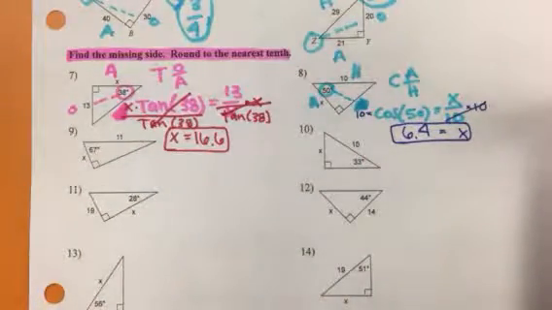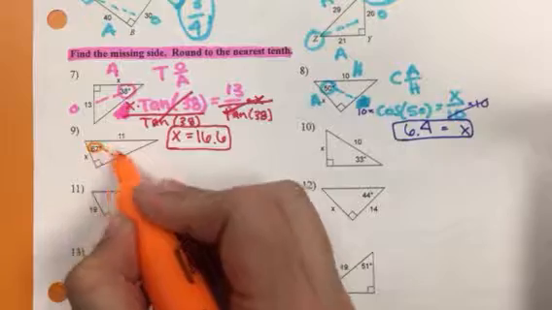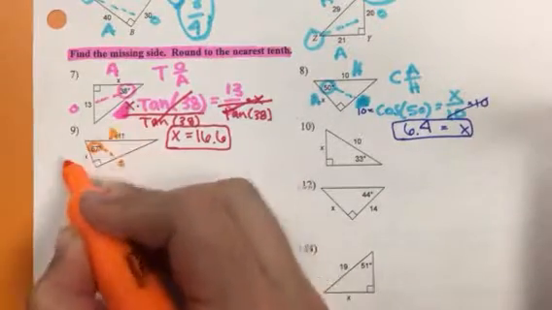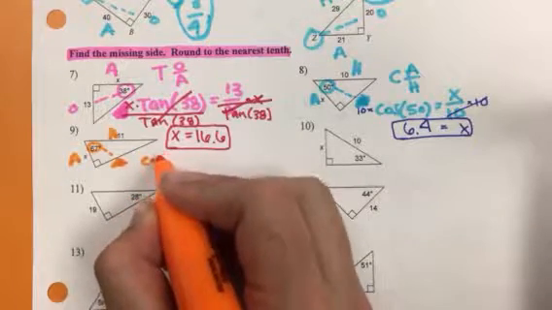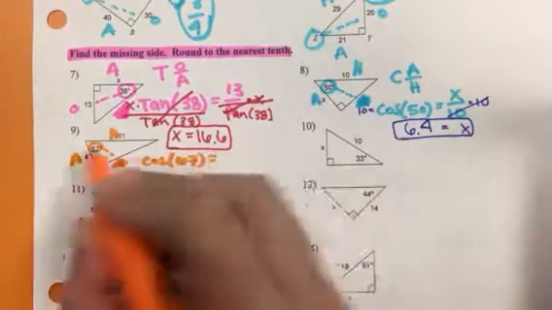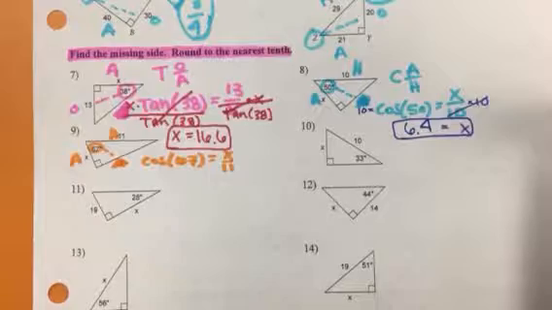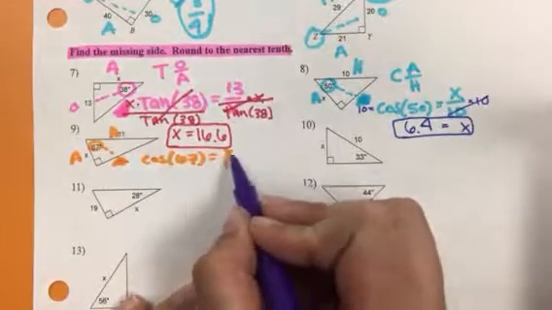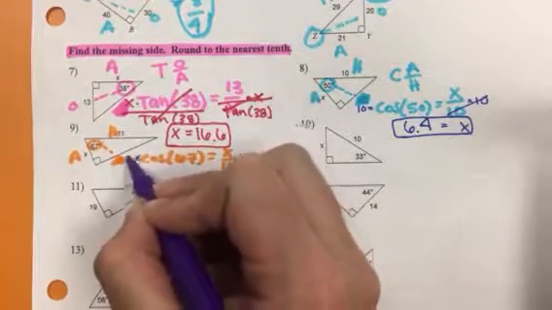On problem 9, we have 67 as our angle, opposite, hypotenuse, adjacent. There's no O, so we are using cosine of 67 equals A over H. To get the x by itself, we need to get rid of the denominator, so we multiply by 11.